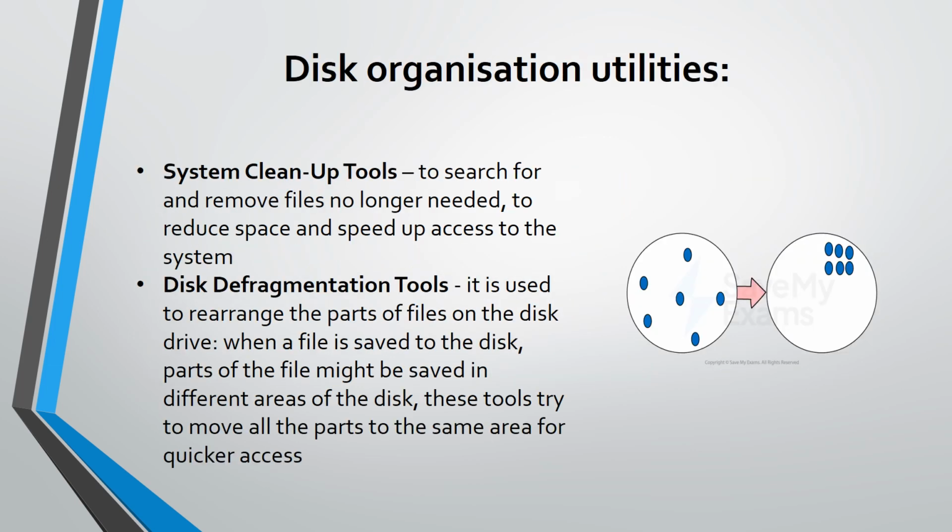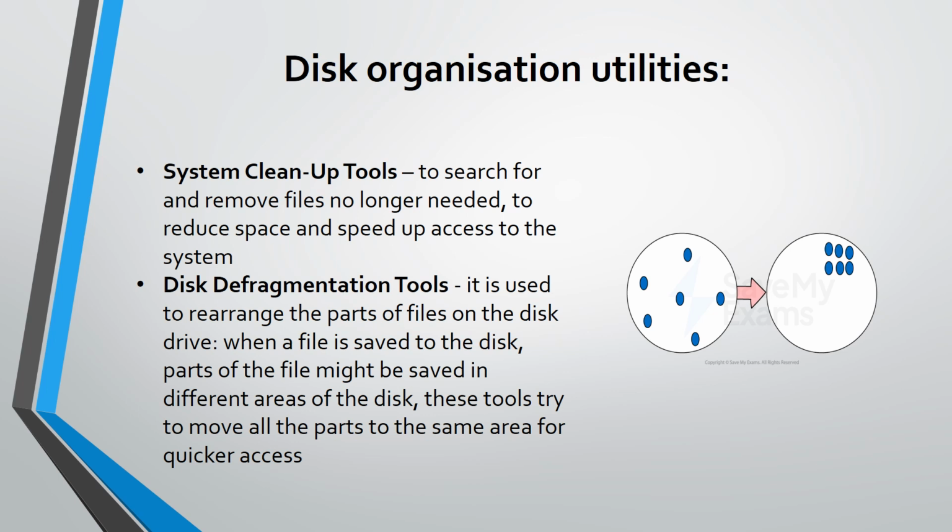Disk organization utilities. They are used for system cleanup tools and disk defragmentation. System cleanup tools help us to search for and remove files no longer needed to reduce clutter and speed up access to the system. Disk defragmentation tools are used to rearrange the parts of files on the computer drive.